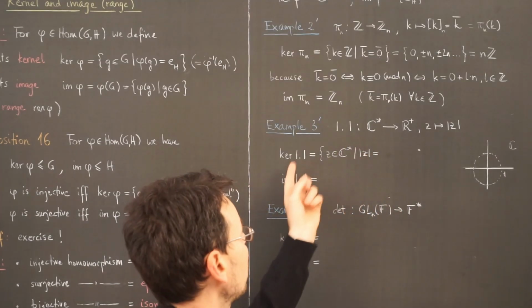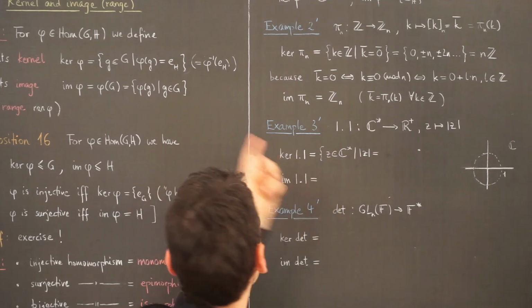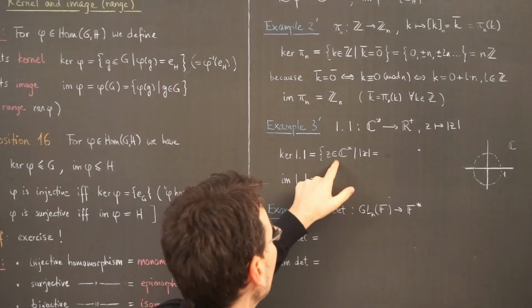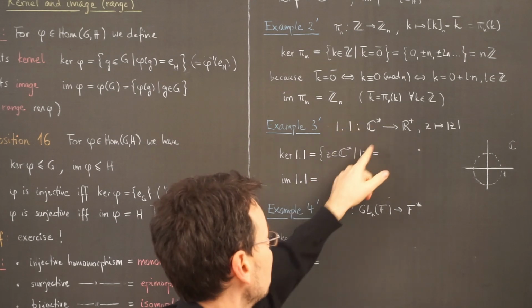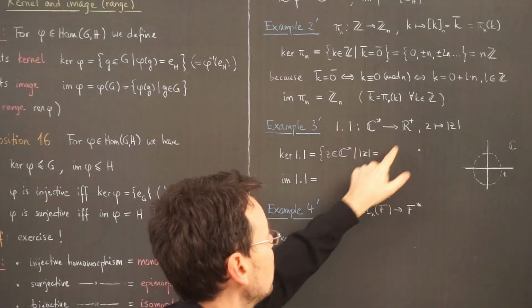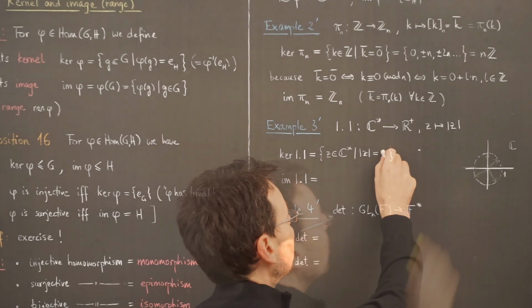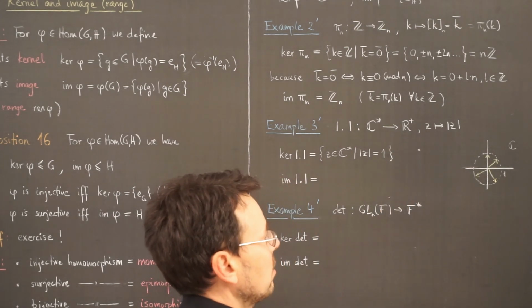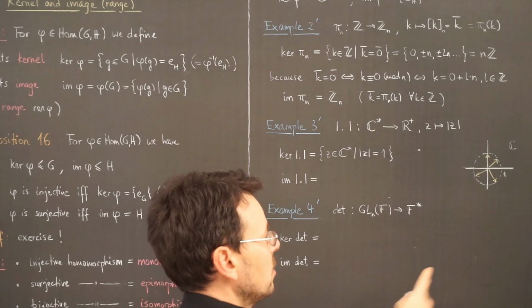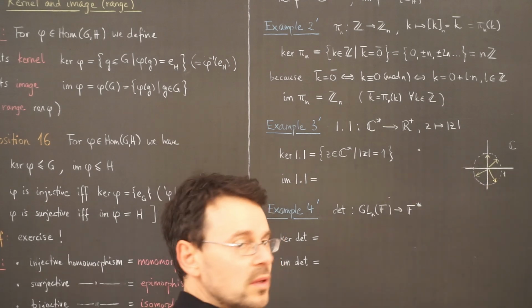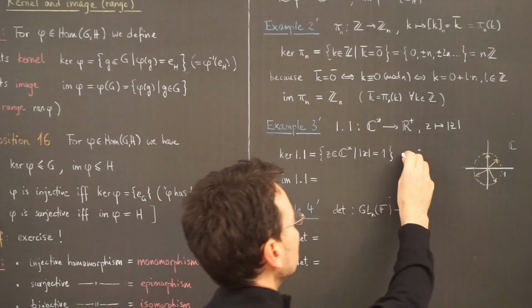Okay, so what is the kernel of this homomorphism? By definition here, all the complex numbers without zero that get mapped to the neutral element here, but this is the number 1, the real number 1. Those are exactly the complex numbers of modulus 1, so all of the unit circle in the complex plane is the kernel.